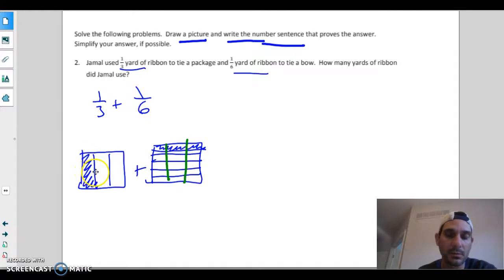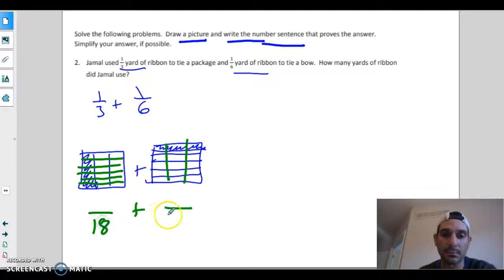Cut this into sixths. So how many pieces are in each? 18. Okay. Now how many 18ths are shaded? 1, 2, 3, 4, 5, 6. How many are shaded over here? 1, 2, 3. So now I get 9/18.